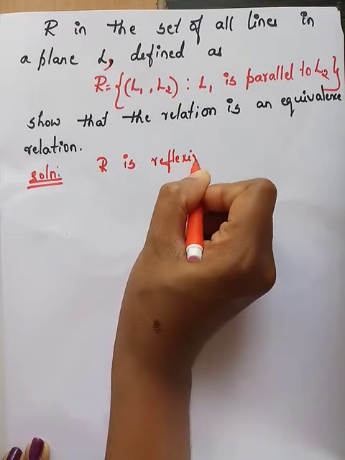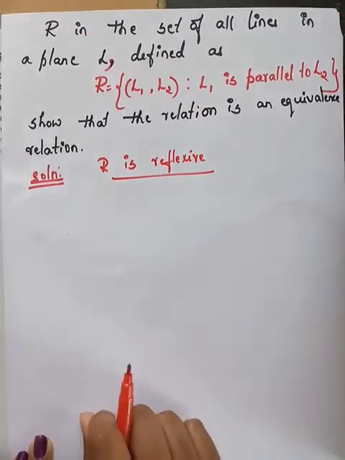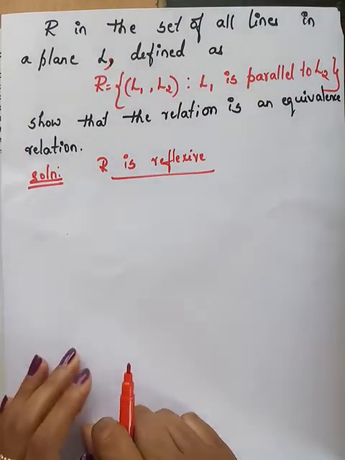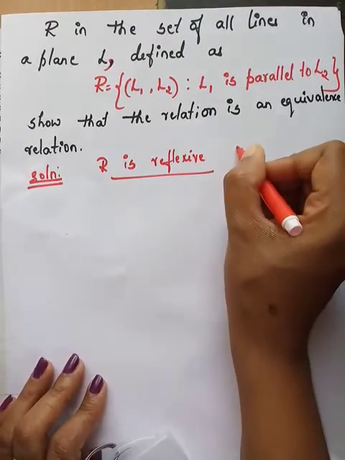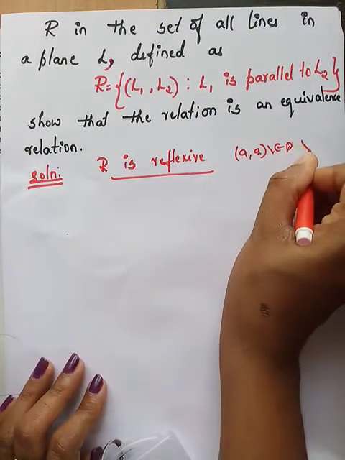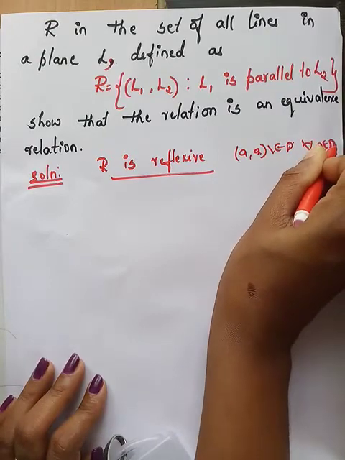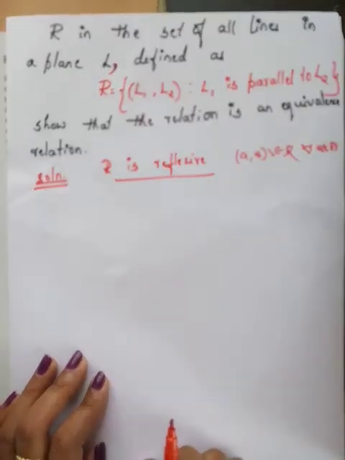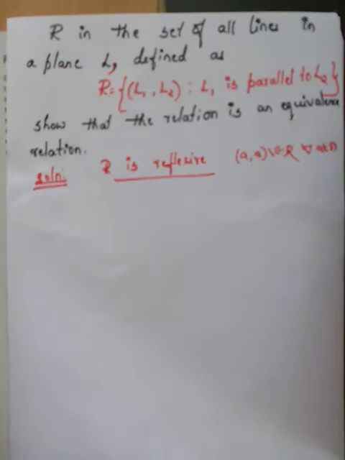What is the condition for reflexivity? Reflexivity says that the ordered pair (a, a) belongs to R for every a belongs to A.